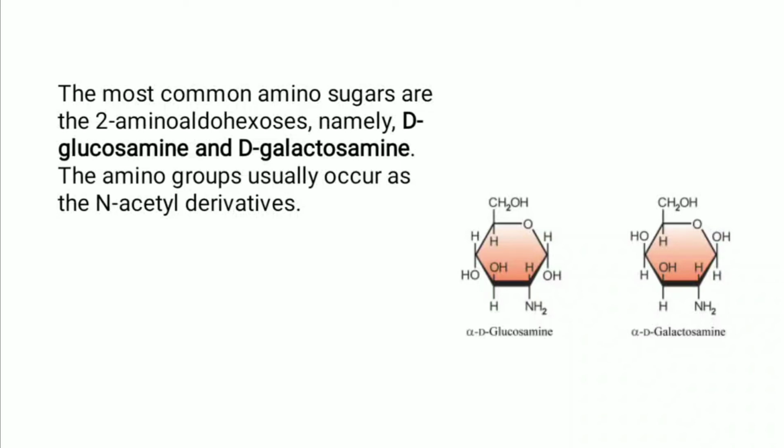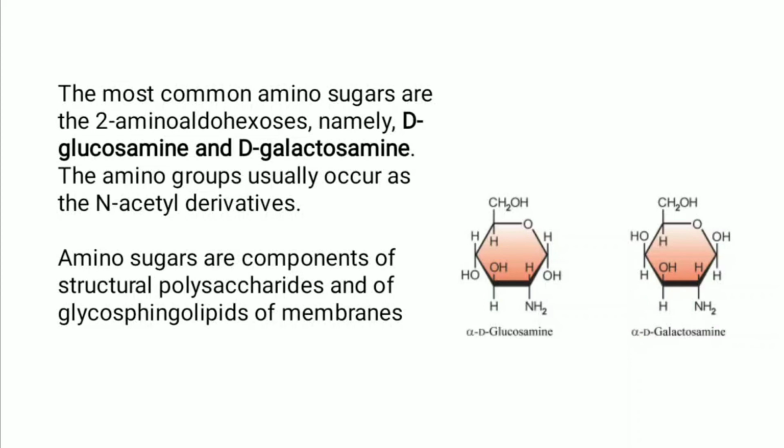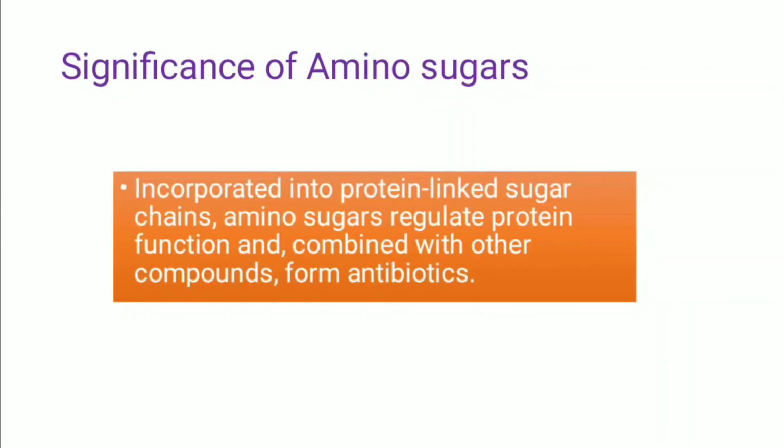The amino group usually occurs as the N-acetyl derivative. Amino sugars are components of structural polysaccharides and of the glycosphingolipids of membranes. Significance of amino sugar. Incorporated into protein-linked sugar chains, amino sugars regulate protein function and combine with other compounds for antibiotics.